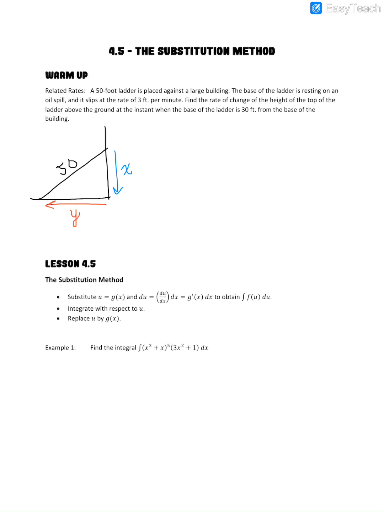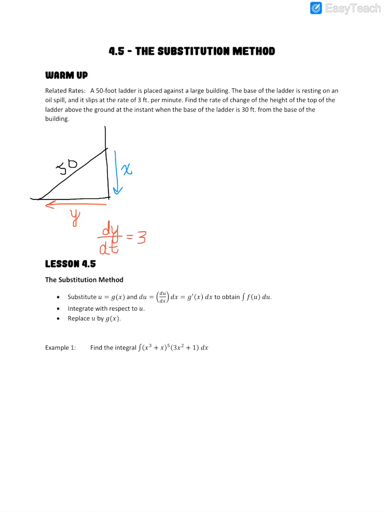Let's go through what they gave us in the problem. So it says it's slipping at a rate of 3 feet per minute. So that's the rate at which the base of the ladder is changing, the red arrow, the Y. So that means that my dy/dt, my change in Y with respect to time, is 3. Then it says find the rate of change of the height of the top of the ladder above the ground.